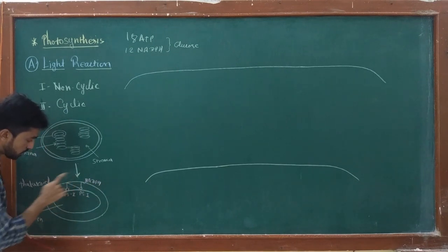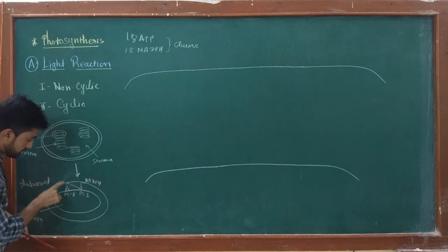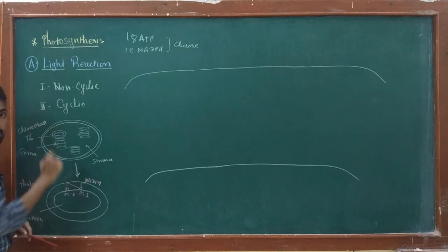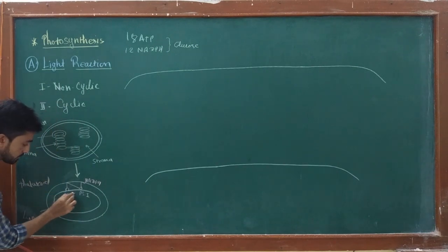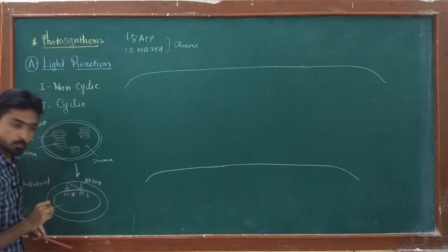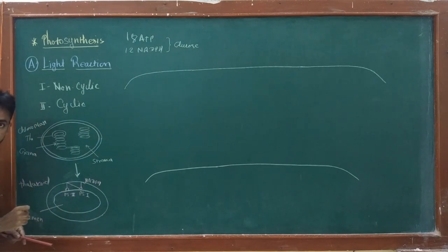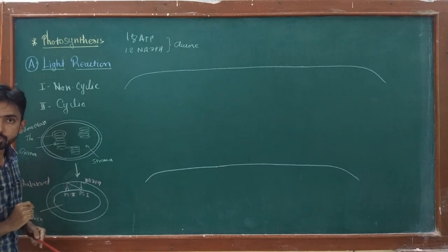The path of the electron in the thylakoid membrane looks like the English letter Z, so the light reaction is also called the Z scheme. Both photosystem 2 and photosystem 1 absorb light of different wavelengths. Photosystem 2 absorbs light of 680 nanometer maximum, while photosystem 1 absorbs light of 700 nanometer.